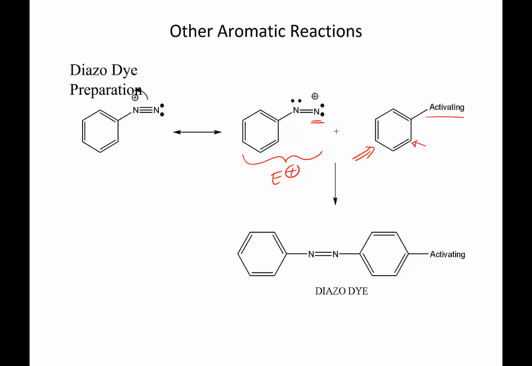Now, diazo dyes have a color to them. And in lab, we didn't talk about UV visible spectrometry, and I also kind of nixed that out of the chapter on dienes. So I'm going to give you kind of the nuts and bolts description of why organic materials have a color, that some have color, some are clear, and how can we change the color of an organic compound.